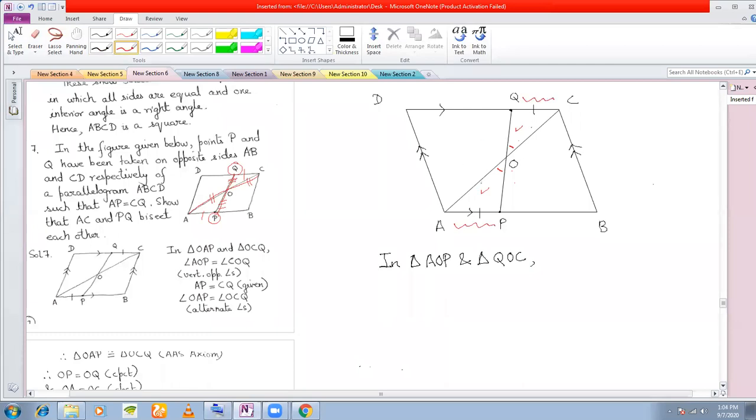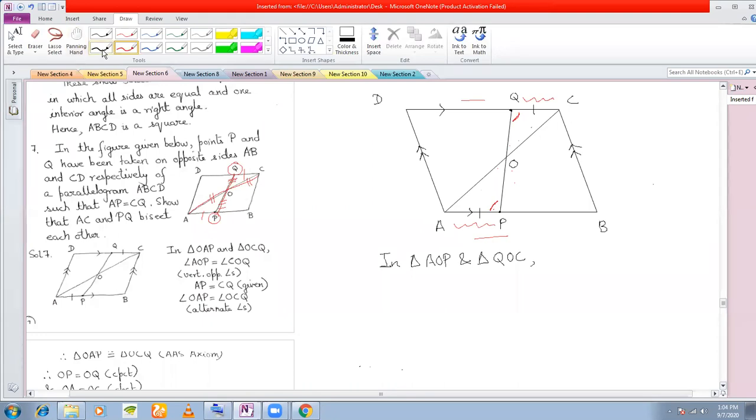Also I can say that this angle is equal to this angle because these two sides are parallel. Therefore, these two are alternate angles, right or wrong? Yeah, they are alternate angles. So this angle and this angle are equal because they are alternate angles. So how many angles, how many sides? One side and two angles, right?